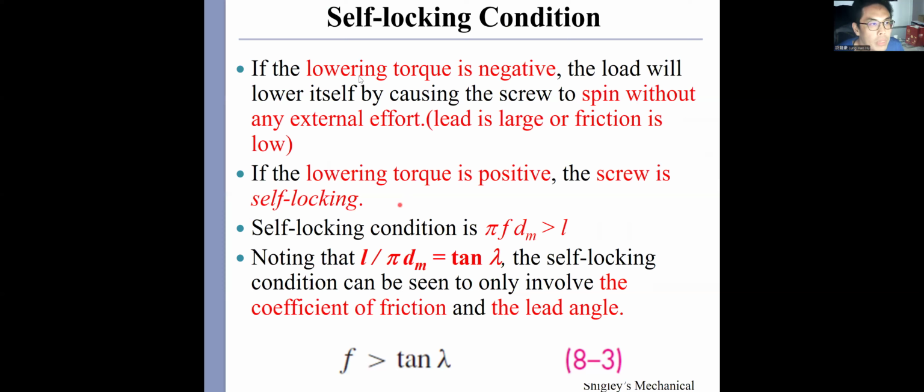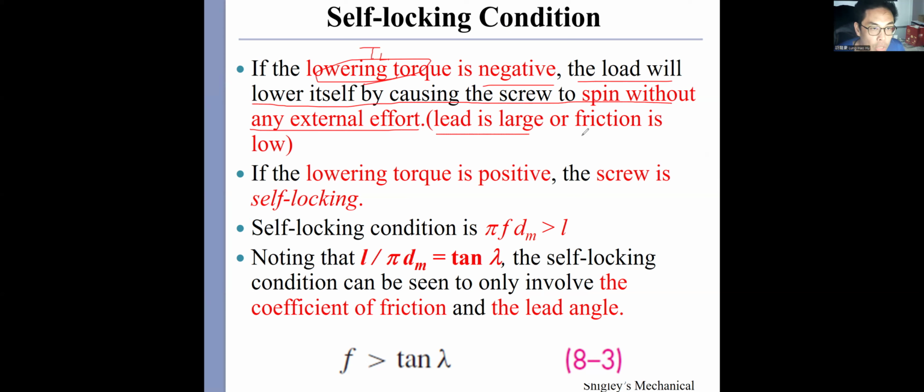So that's a recap of what we already learned for TL, the loading torque. If it's negative, the load will lower itself by causing the screw to spin without any external effort.